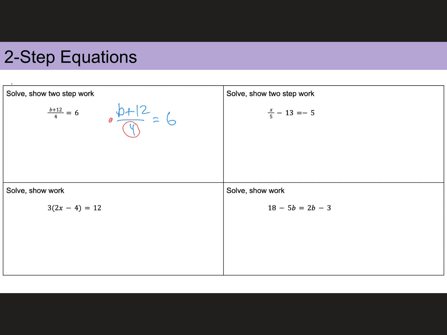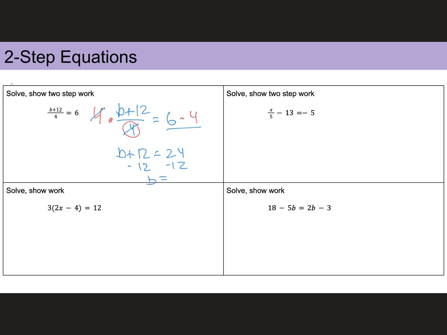So I'm going to multiply both sides by 4. Now when I do that, 4 and 4 cancel out because 4 divided by 4 is 1. And I have now just my numerator, b plus 12 equals 24, because 6 times 4 is 24. Second step, subtract 12 from both sides.